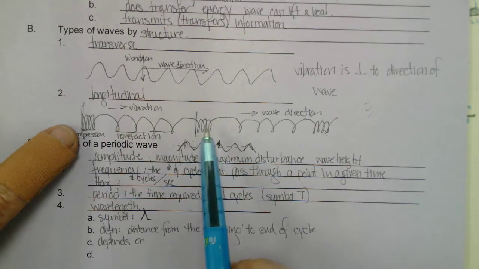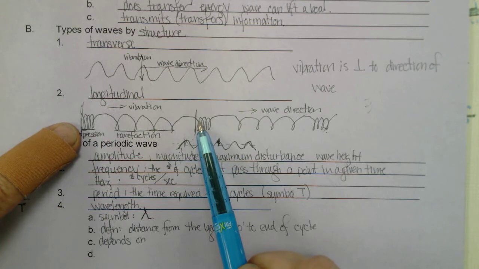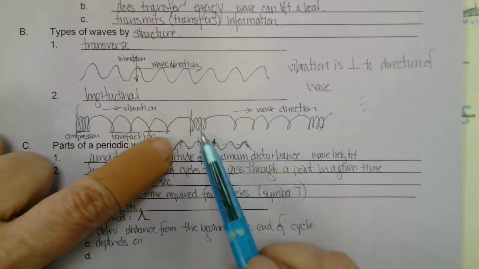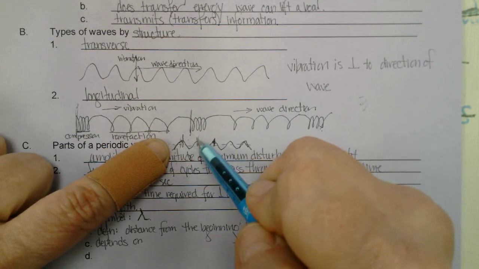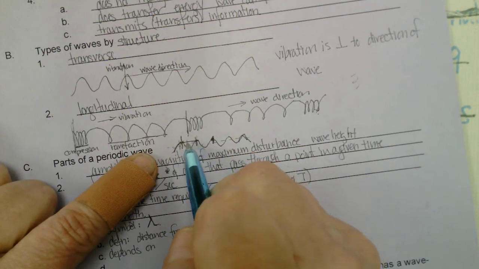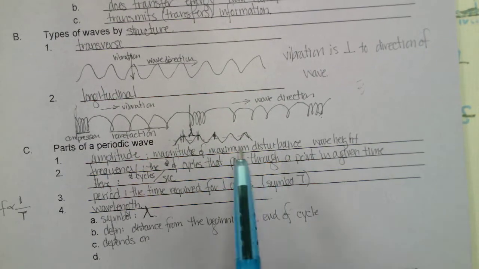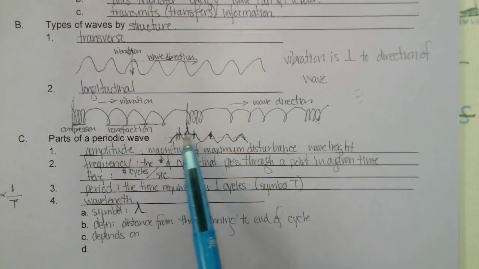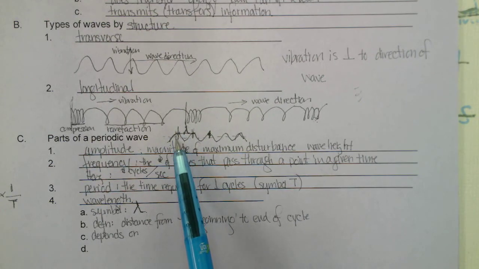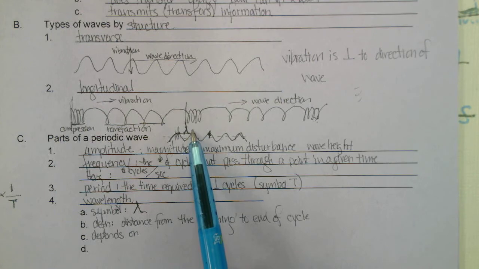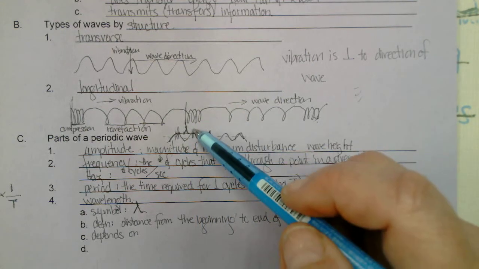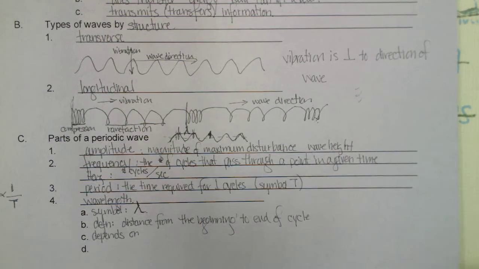So this would be the wavelength for the one longitudinal wave that I drew. From here to here would be the wavelength of my transverse wave. This little bit right here, from beginning this cycle right here to the same position in the next cycle. That would be my wavelength.